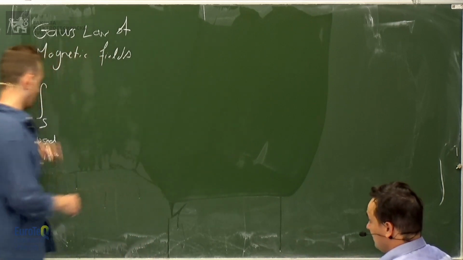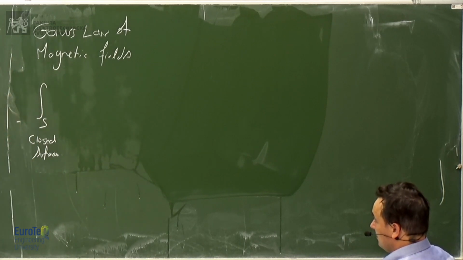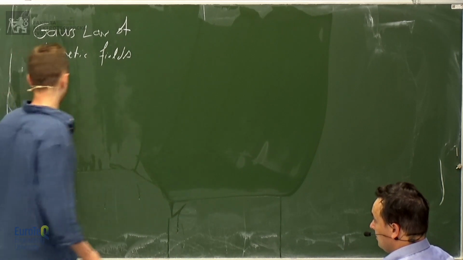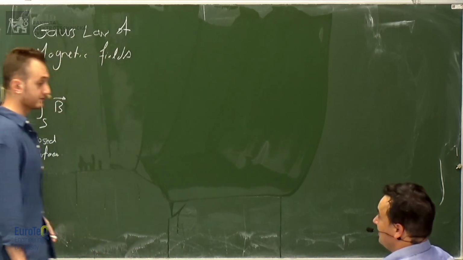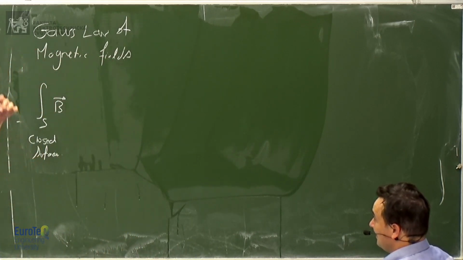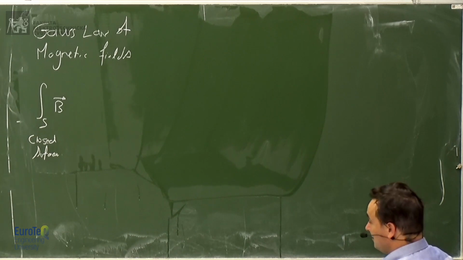Show it. We have a closed surface S of the magnetic field strength, which we will call B, where B is actually the magnetic field flux density.